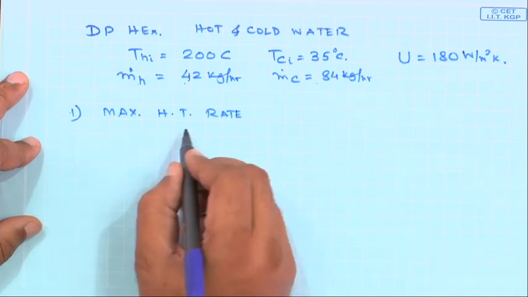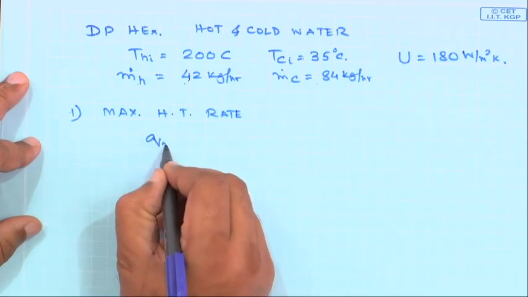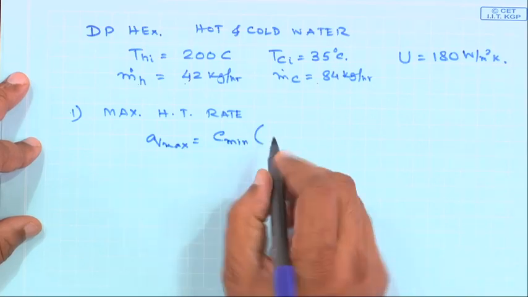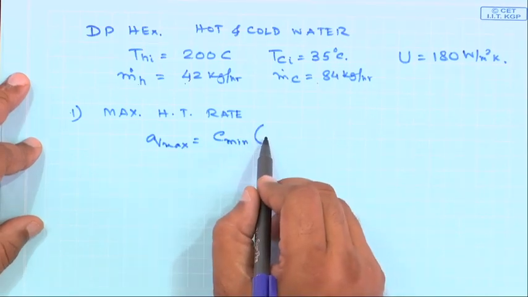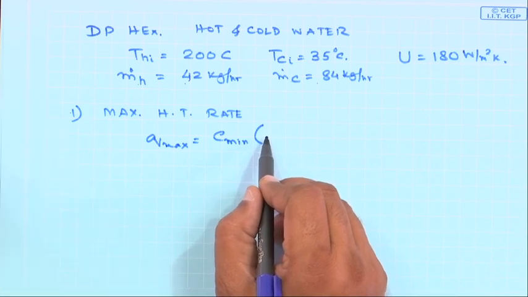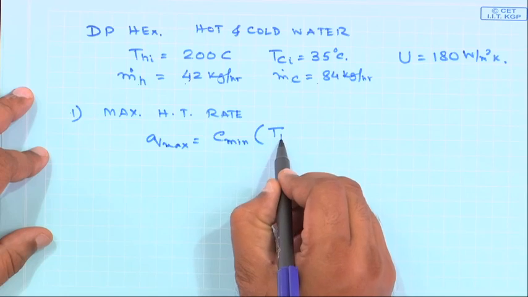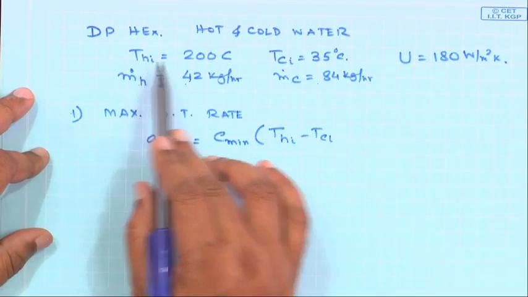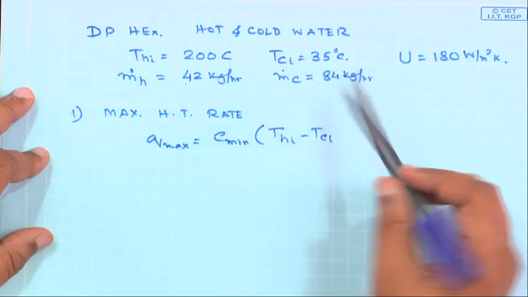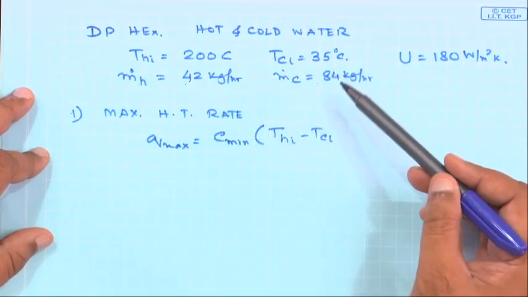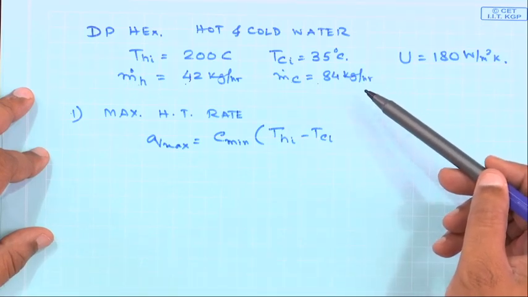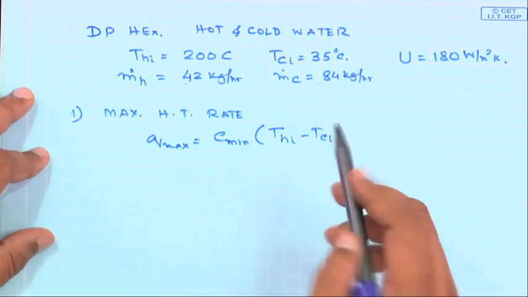So, the maximum heat transfer rate Q max, as we understand, is C minimum multiplied by the maximum achievable temperature drop in the system, which is THI minus TCI. These two temperatures are known to me, and note here that both the outlet temperatures are unknown. So, this problem is a prime candidate for solution using the epsilon NTU method.